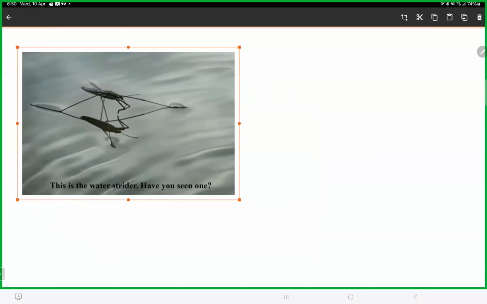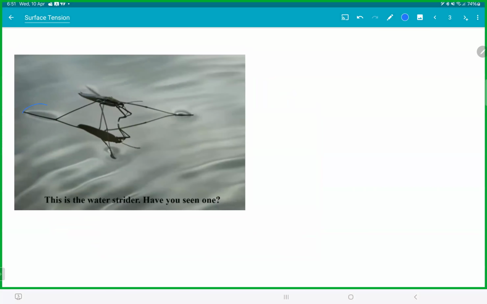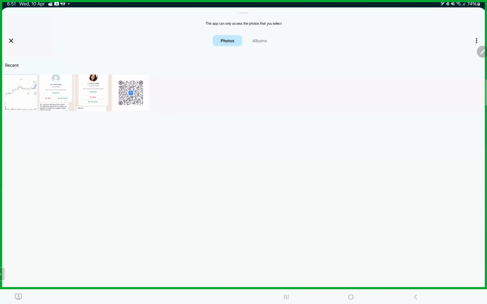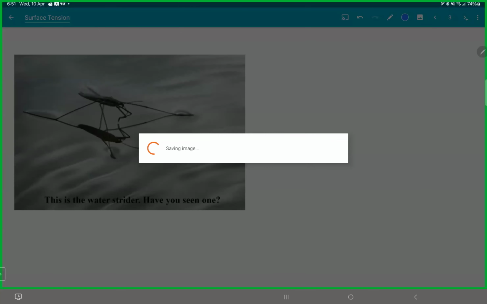See, this is like a mosquito or something sitting on the water. Can you see how the surface is bending here? This is more clear.